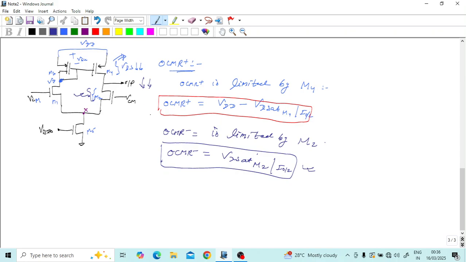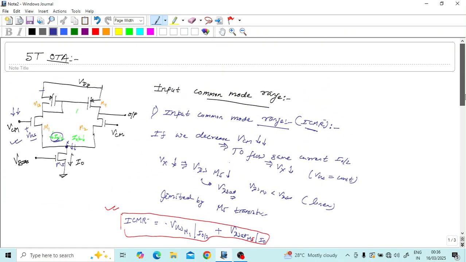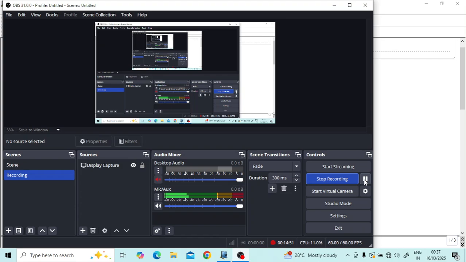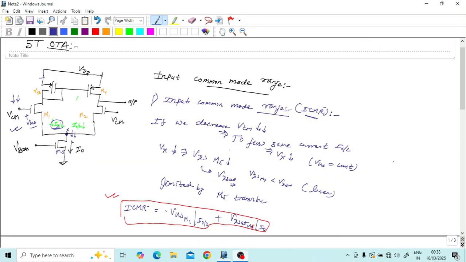So from here we have seen the ranges of the input and the output voltage. Let me go through this again. The minimum voltage that we can apply at the input is nothing but the VGS of M1 at current I naught by 2 plus VTH of this transistor.